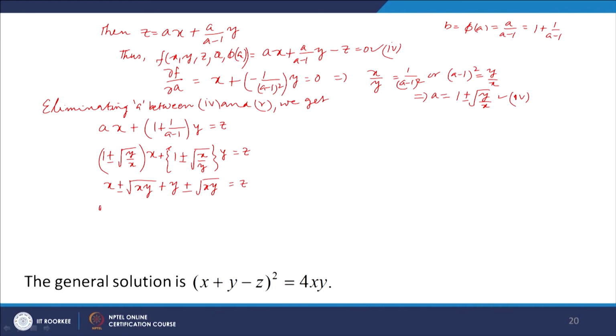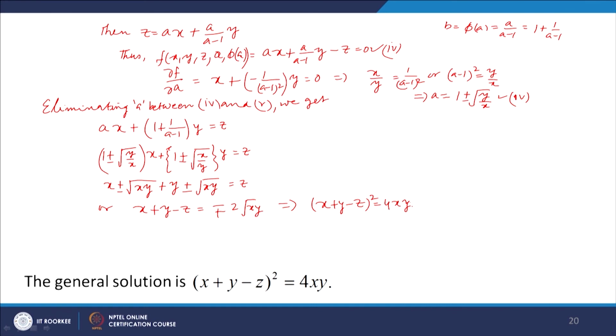So I can also write this as x plus y minus z equal to minus plus 2 under root xy. Now, squaring both sides, I get x plus y minus z whole square equal to 4xy. So that is the general solution.